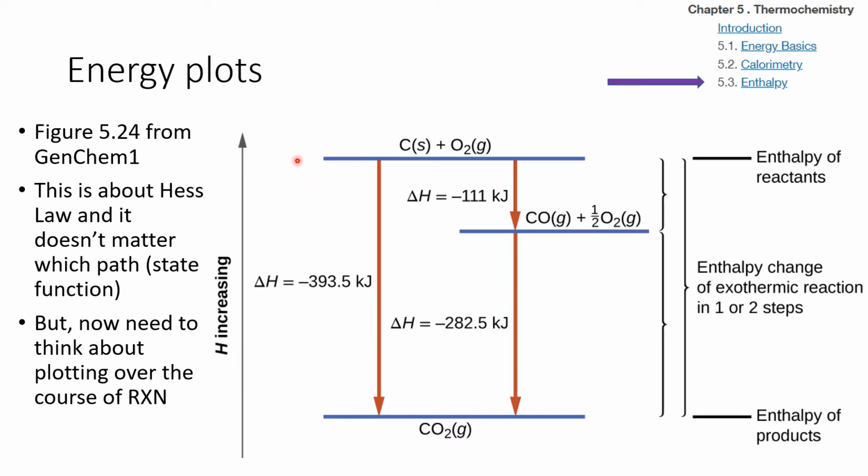So here, this is figure 5.24 from your text, and what we're looking at here is a change in energy between two states, right? We have a state variable, but what I mean by state variable is it doesn't matter the path that we get there. So consider topography around Dalton State.